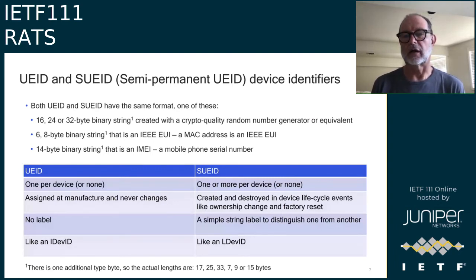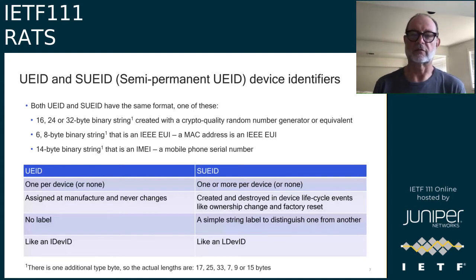So I've added to the EAT spec a SUEID, or a set of SUEIDs. So a device can have multiple SUEIDs. They're basically exactly the same format as a UEID, and you have a list of them. There is a simple string label to distinguish one from another.